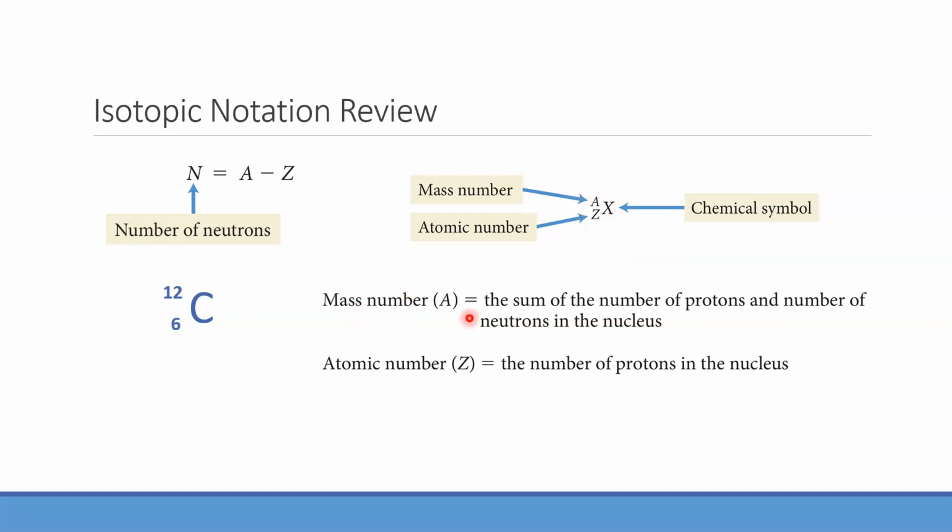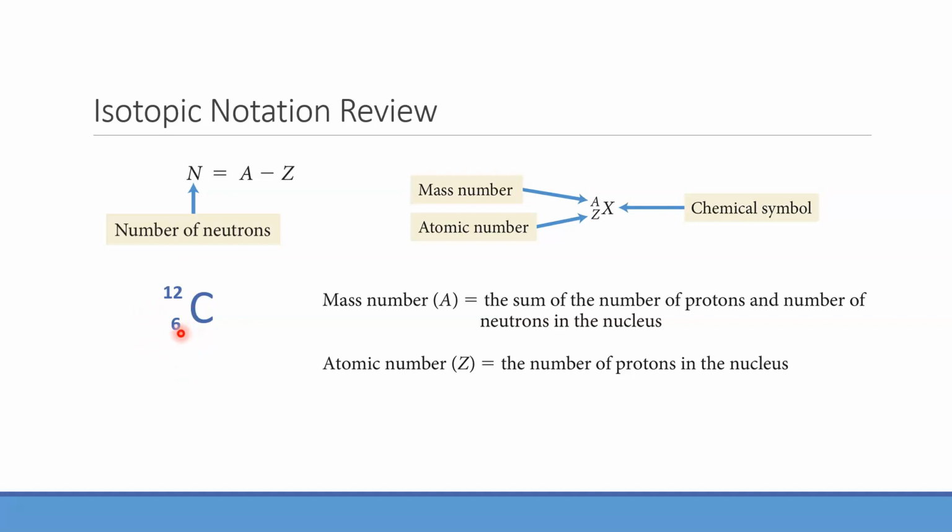A, the mass, is the sum of the number of protons and neutrons in the nucleus, whereas the atomic number Z is the number of protons. Remember that the identity of the atom is dictated by the atomic number. So it doesn't matter what the number up here is, you will know the identity of the atom by only looking at the atomic number, the number of protons.